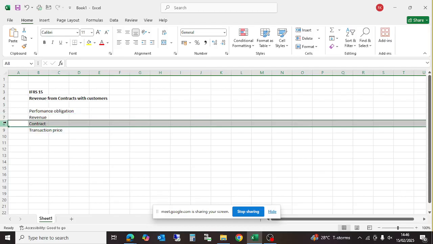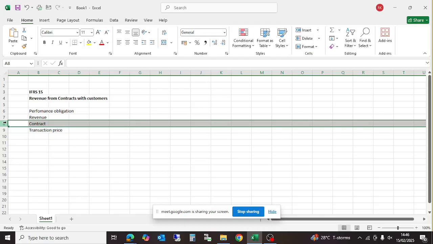Okay. How about contract? What is a contract? A contract is an agreement between two or more parties who have agreed to create enforceable rights and obligations.